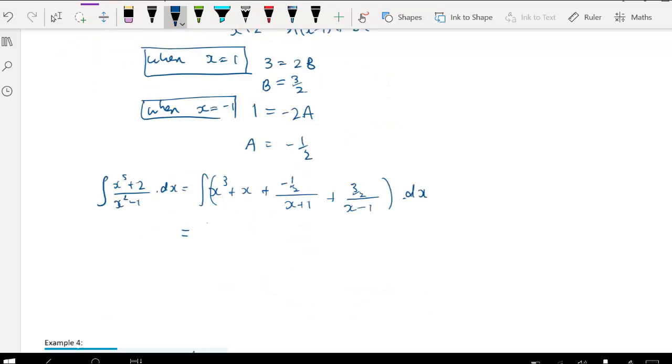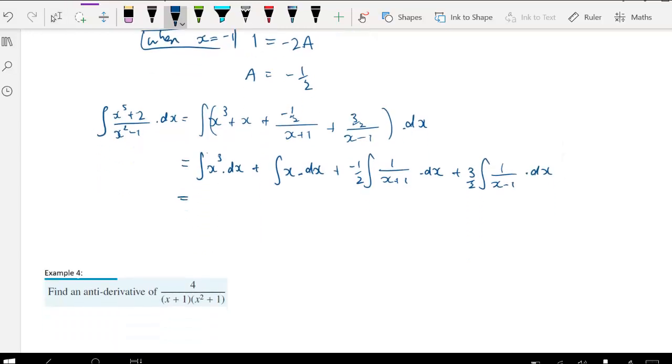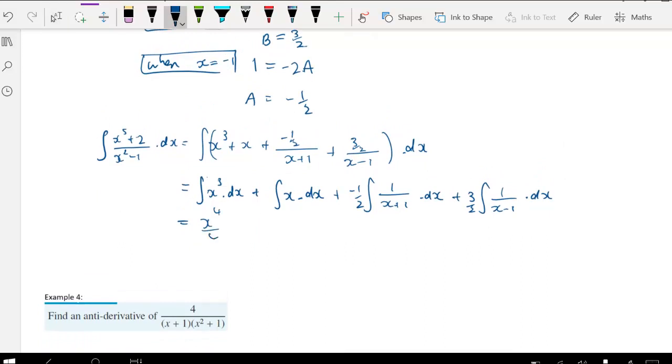Now when we sort this out, it becomes the integral of x cubed dx, the integral of x dx, negative 1/2 of the integral of 1 on (x plus 1) dx, and 3 on 2 lots of the integral of 1 on (x take 1) dx. So each of those individual integrals, we have x to the power of 4 on 4, we have x squared on 2, negative 1/2 ln of (x plus 1), and 3 on 2 ln of (x take 1) plus c.